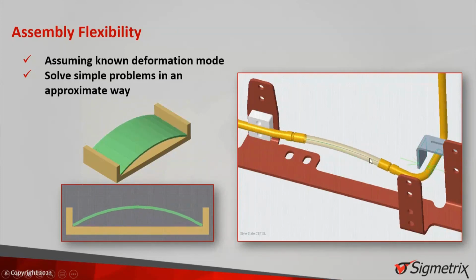But you would like to know when it is installed in this assembly, how the length, even the bending radius, will affect the gap. So you also can use CETOL to do such kind of analysis.